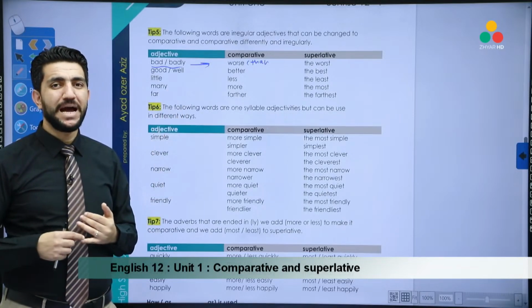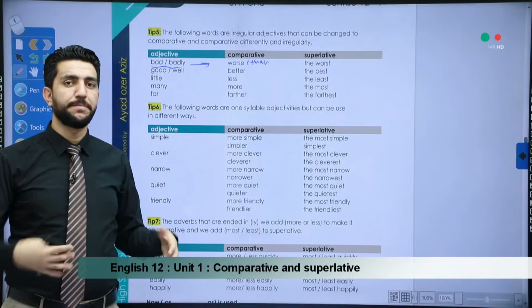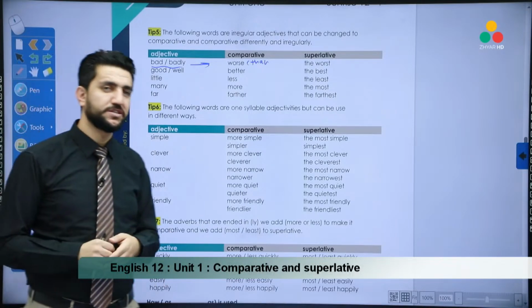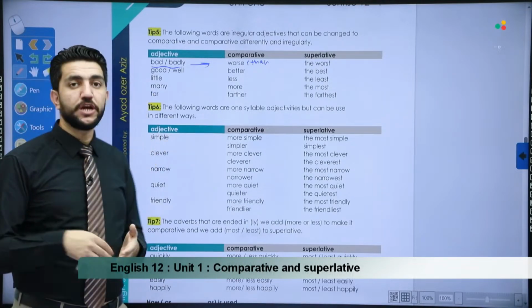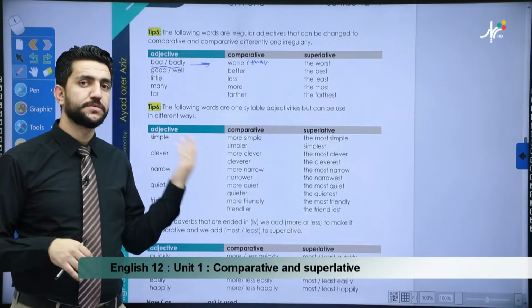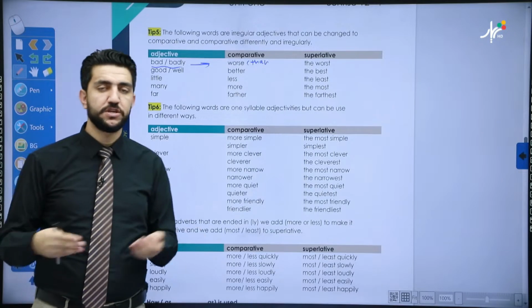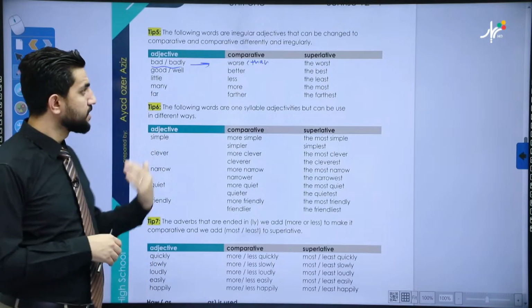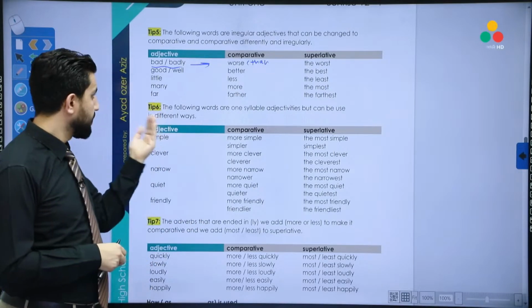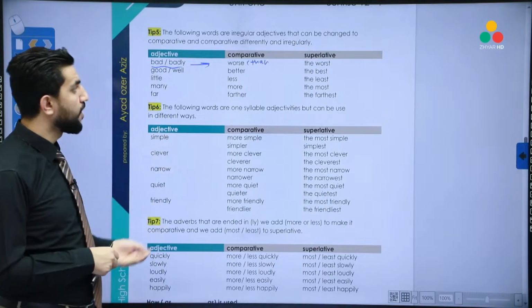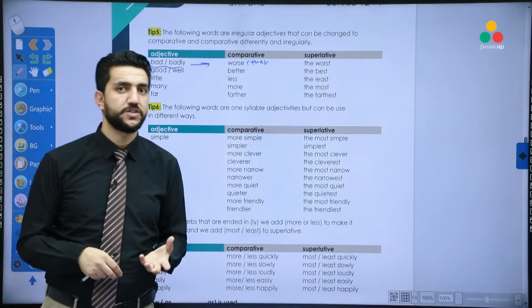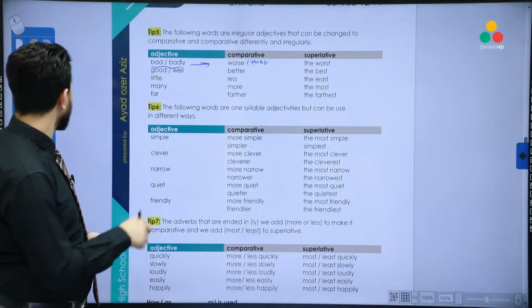Bad or badly becomes worse in comparative and worst in superlative. Good and well, both of them would be better in comparative, and the best in superlative. Little, less, the least; many, more, the most; far, farther, the farthest. We use it this way, okay?